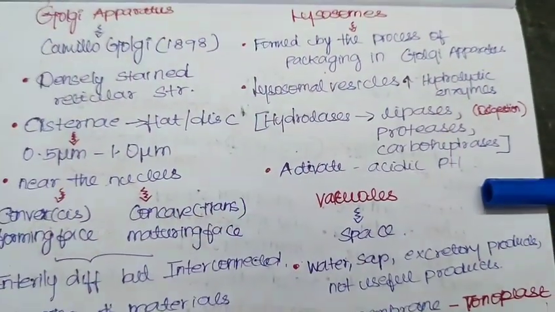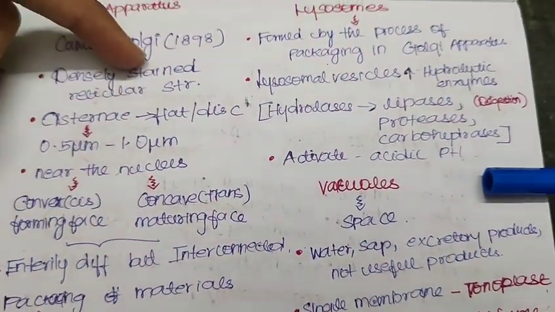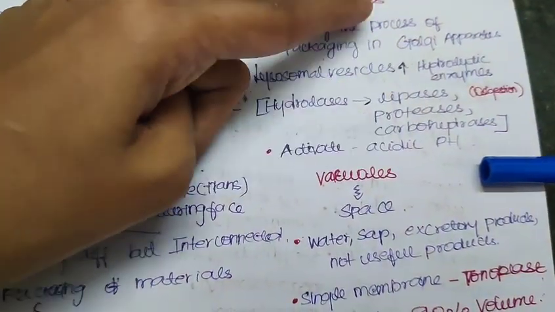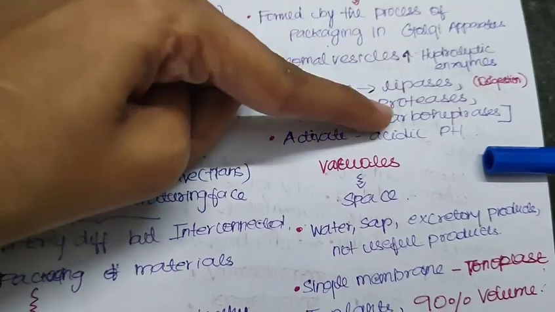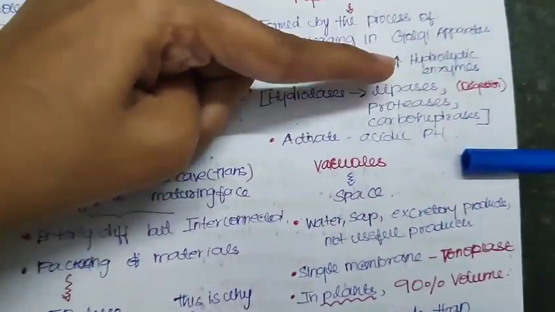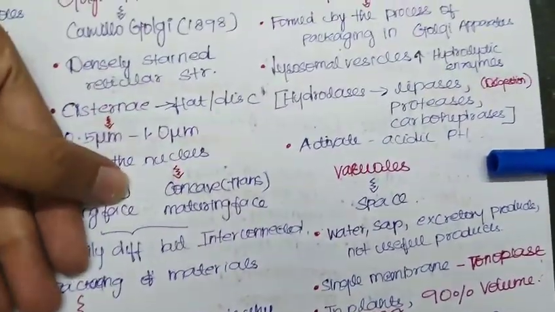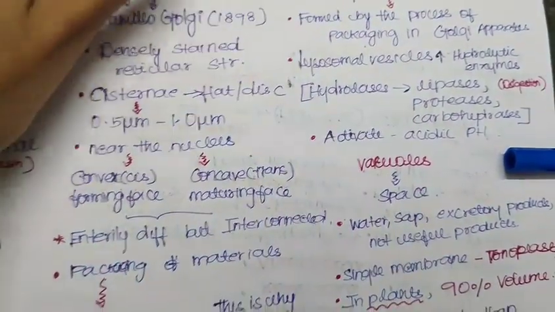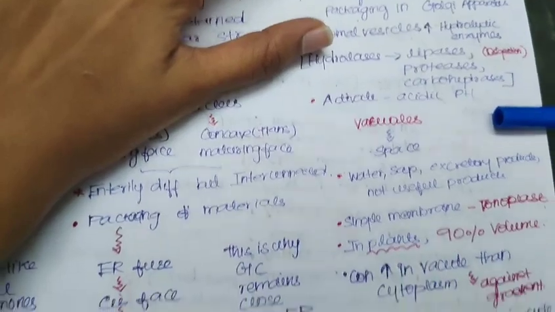They contain more hydrolytic enzymes such as lipases, proteases and carbohydrases. As you all know, these are useful for digestion. In the case of lipases, they digest lipids. They are active at acidic pH. These are all about lysosomes.